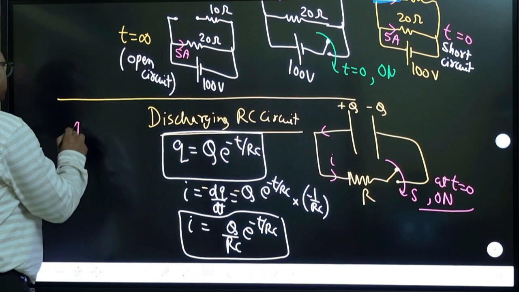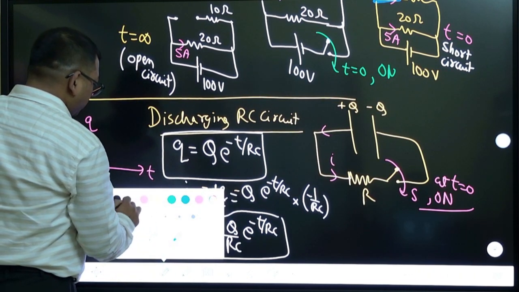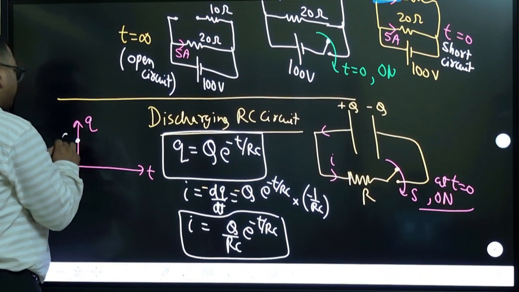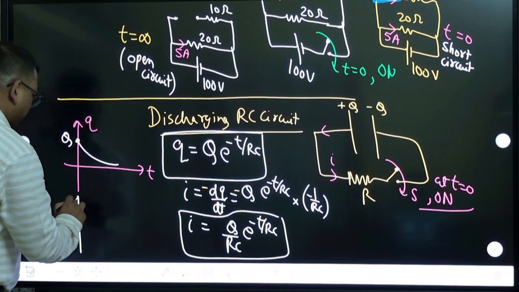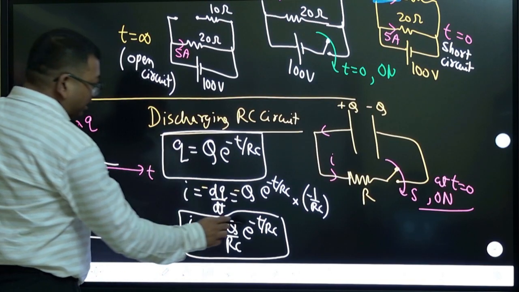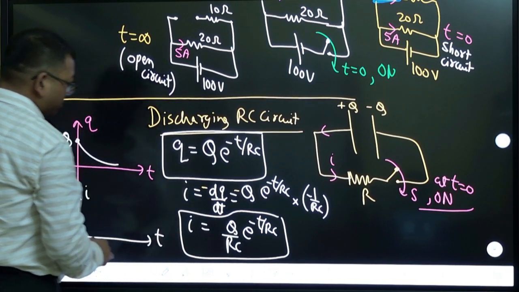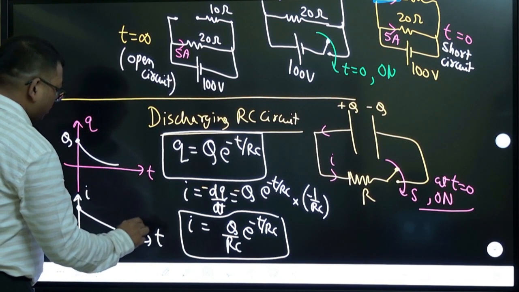If you draw the q versus t graph here, initially charge is maximum, here charge will be capital Q, and this charge will be decreasing like this. Similarly, if I plot the current I versus t graph, at time 0 current is again maximum, and current is also going to be decreasing like this.